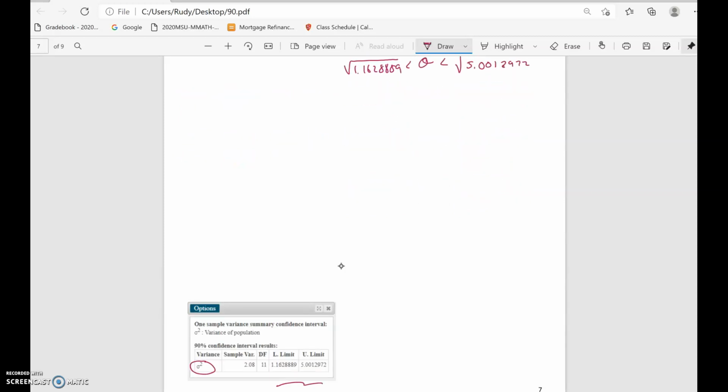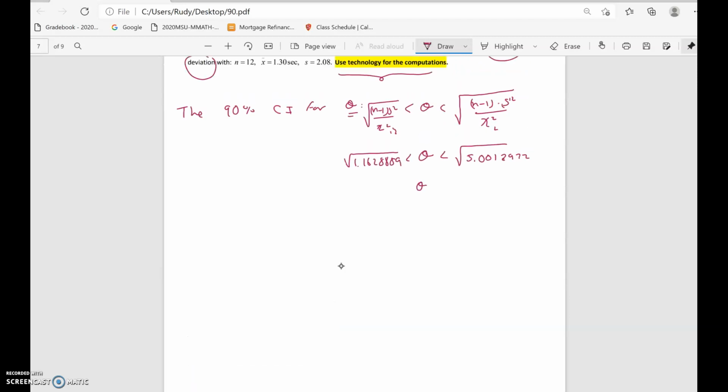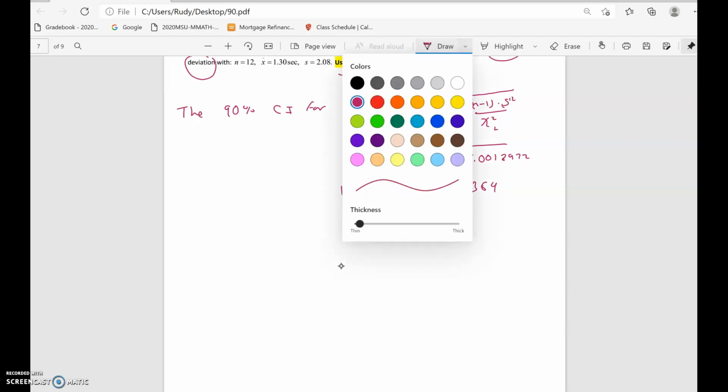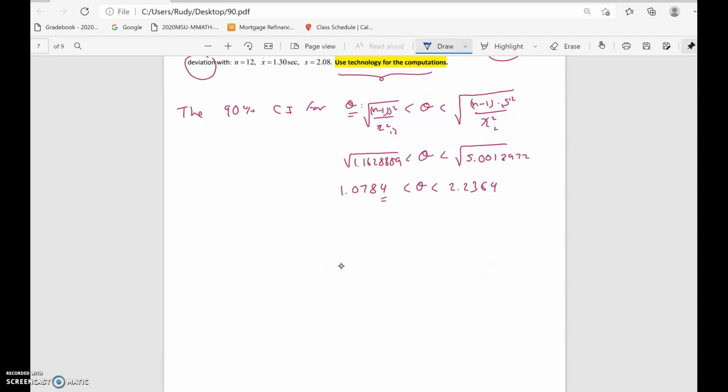The actual values of the standard deviation end up being an upper limit of 2.2364 and a lower limit of 1.0784. I'm rounding to 4 decimal places. Let me double check the calculator. So 1.0784, 2.2364.